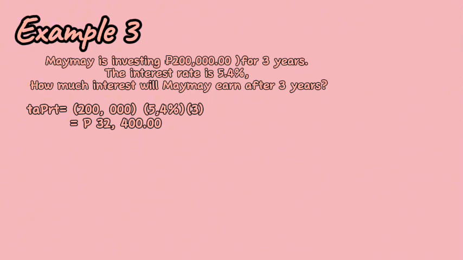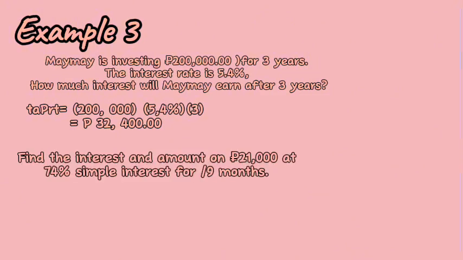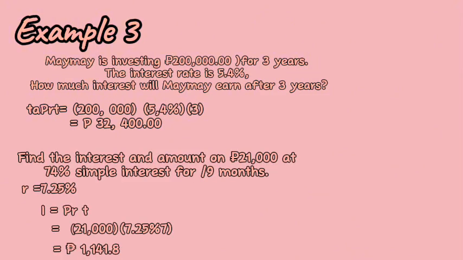In this case, this is 0.054. By getting the value in your calculator, the answer is 32,400 pesos. So the interest Candice will get after 3 years is 32,400 pesos.